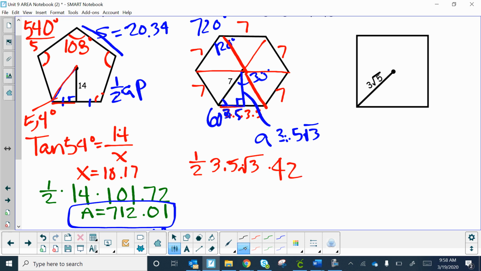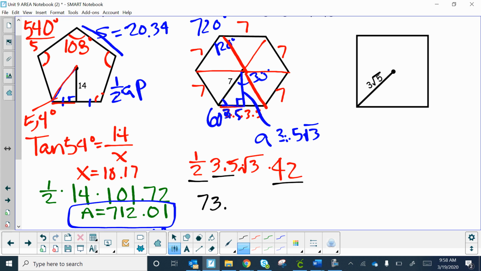Here's a quick way to multiply and leave it in radical form. Multiply 1/2 times 3.5 times 42. I know half of 42 is 21, so all I have to do on my calculator is multiply 21 by 3.5. Remember, you can always pause this video.